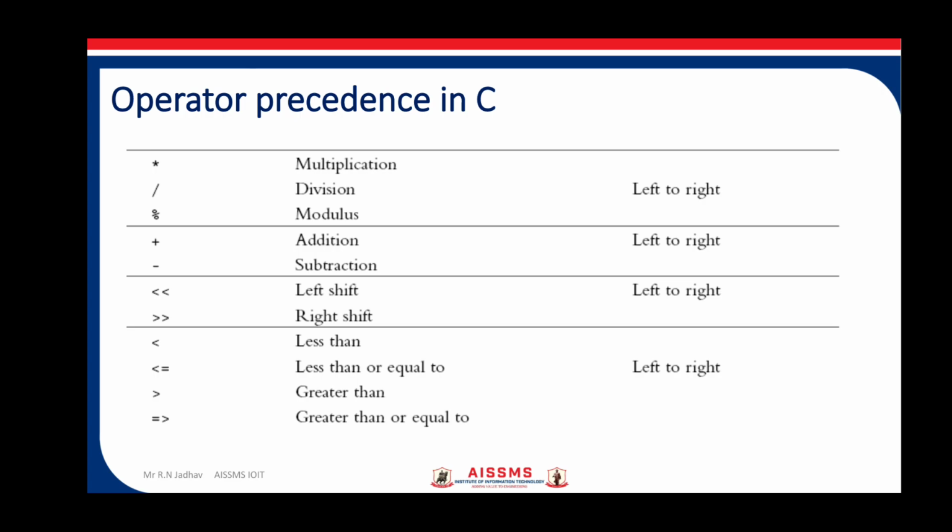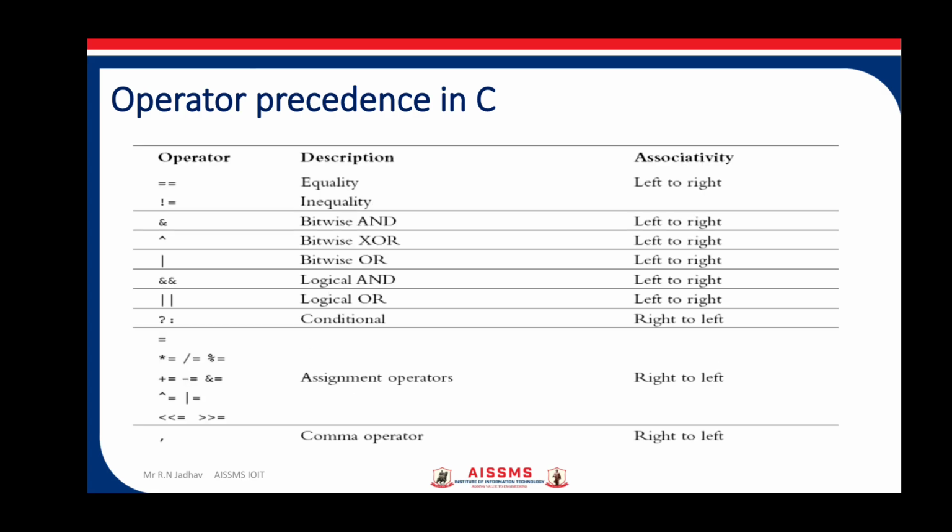After that we have left shift and right shift. After that less than, less than equal to, greater than and greater than equal to. Then we have logical operators, then bitwise operators, and we can also see their associativity is from left to right.